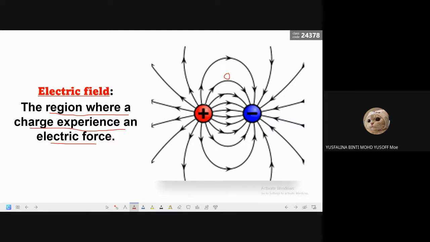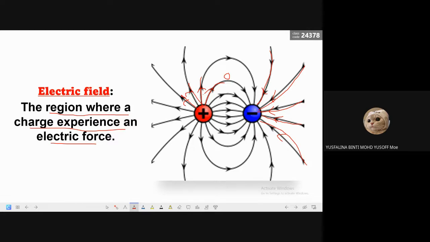You have to know that for a positive charge, the direction of the field is coming out from the positive charge, while for a negative charge, the direction of the electric field will be going inside to the negative charge. This one you need to know and you need to draw.